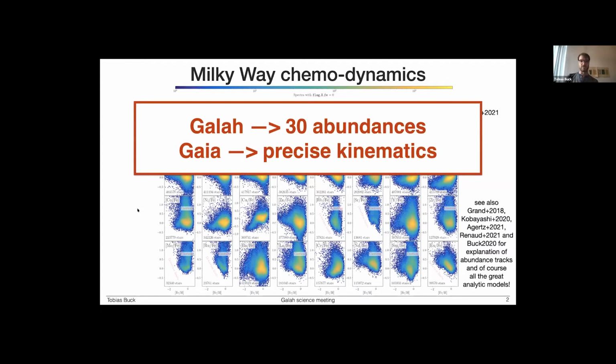Why is that? The short motivation is we now have 30 abundances measured quite precisely, and combining, for example, GALAH with Gaia data gives us precise kinematics, so we can study the chemo-dynamics of the Milky Way in detail.